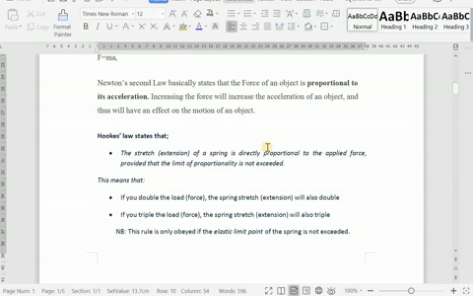The extension with which that spring extends or stretches out is directly proportional to the force which is applied.